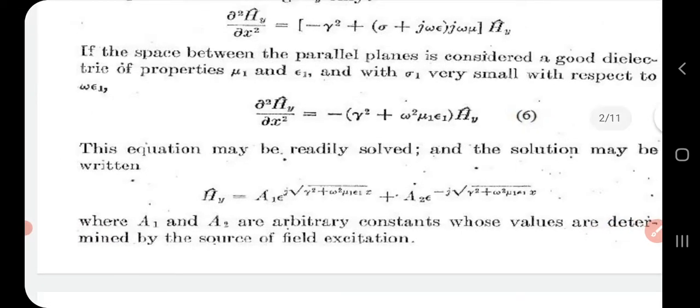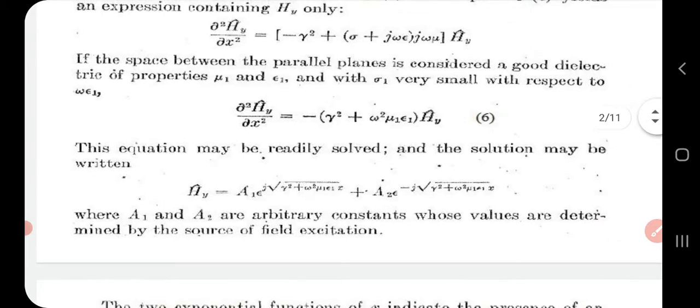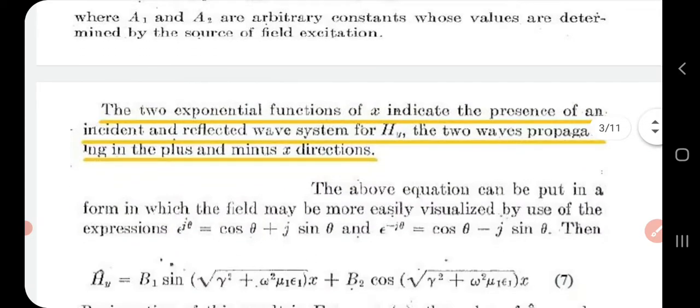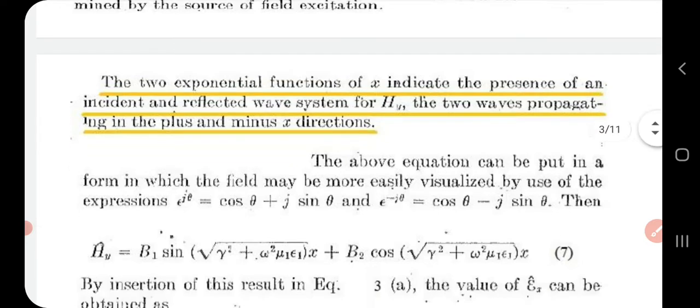Now a1 and a2, we all know, are arbitrary constants whose values are determined by the source of field excitation. The two exponential functions of x indicate the presence of an incident and a reflected wave for Hy, that is, two waves propagating in the plus and minus x directions.